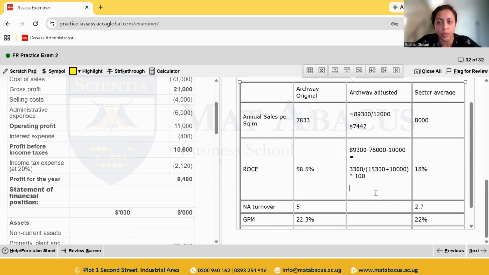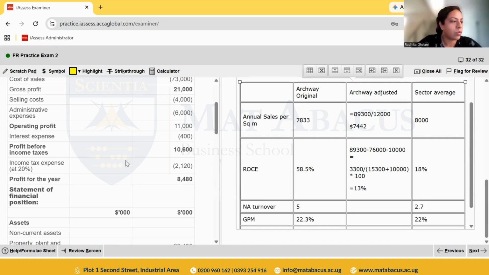You must show your workings, so that in case you have one figure wrong, you will be marked on the others that you have, and there's also own figure marks. So please do not ignore workings. So when you do that, that's going to give you how much? 3,300 divided by 25,300 times 100% gives us 13% as our return on capital employed.